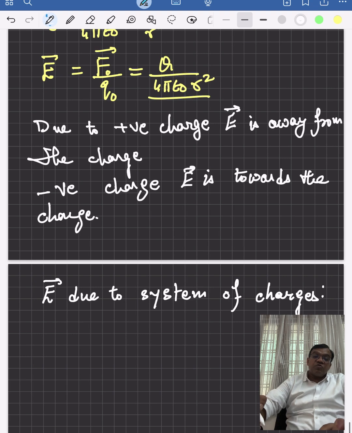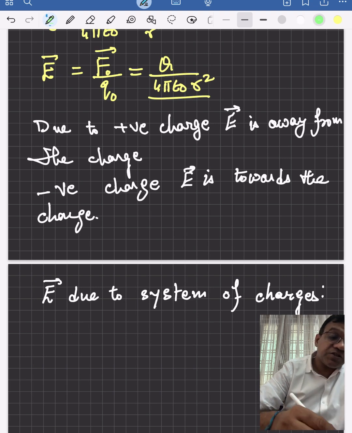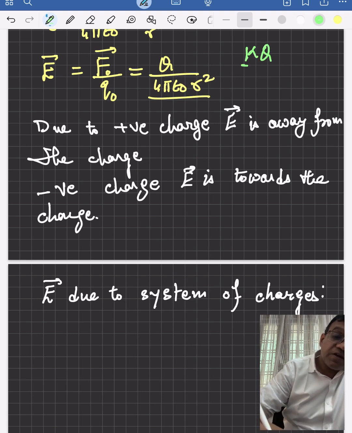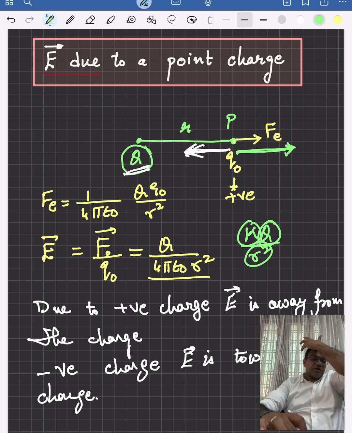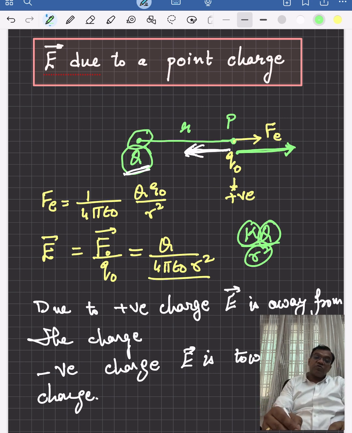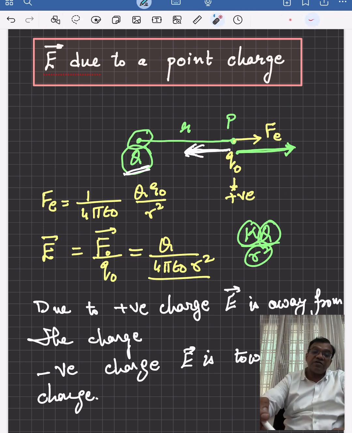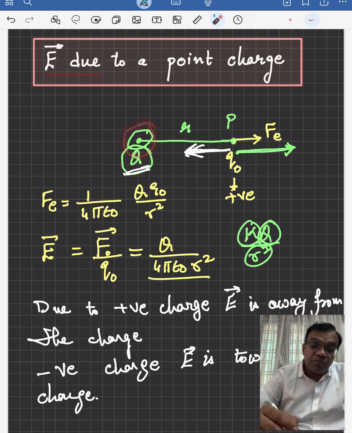So the electric field due to a point charge is given by kq by r square, where q is the charge, k is 1 upon 4 pi epsilon naught, and r square is the square of the distance from the point charge to the point. So once again, if due to this charge we have to find the electric field at point P, and this is positive, the field is in this direction, equal to kq upon r square.